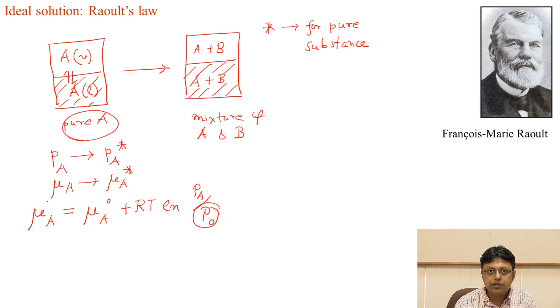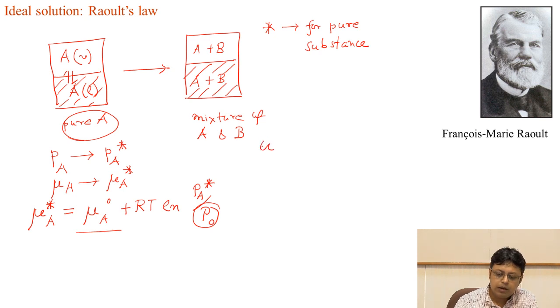Since initially the liquid is in pure form, we use a star notation here. Note that mu A0 star is meaningless, because mu A0 corresponds to the chemical potential at 1 bar of pressure, which is the standard state. So we are not writing mu A0 star; it is simply mu A0.